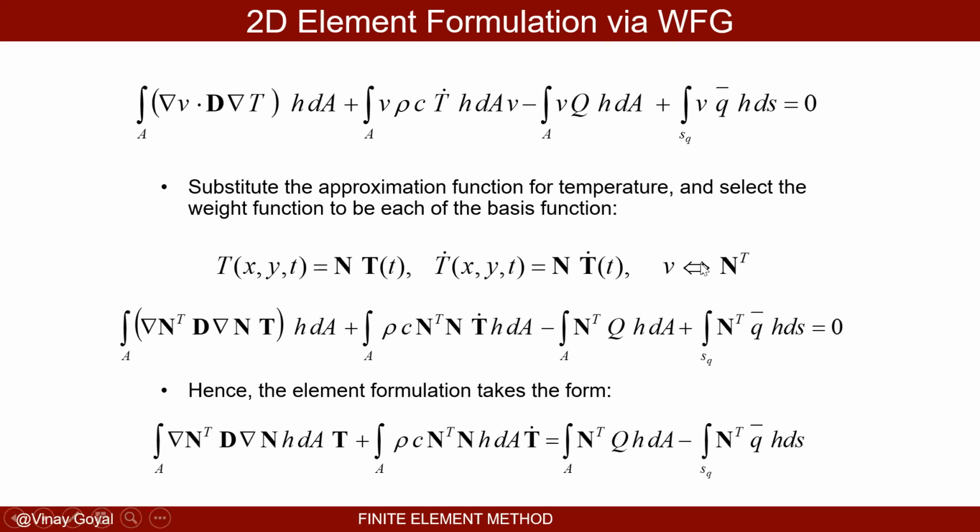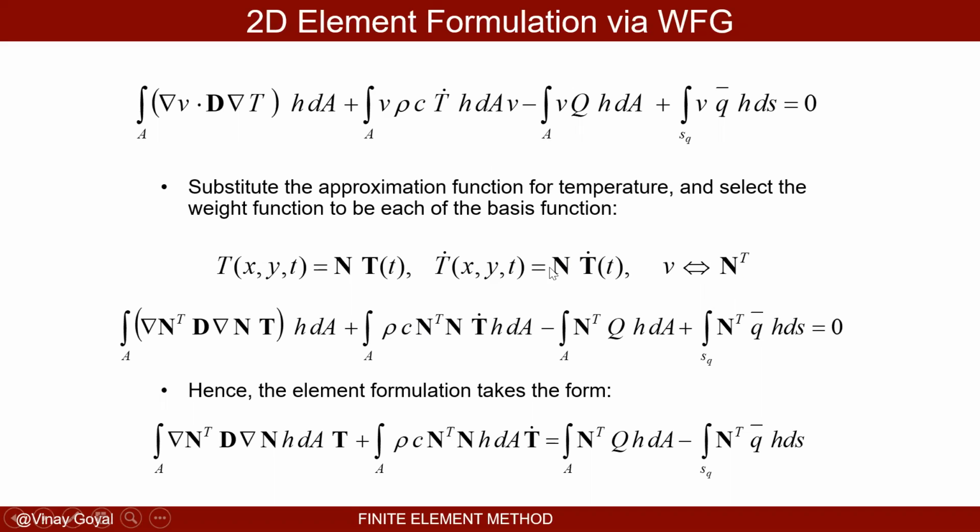You also see that I have to substitute v by N bold transpose. I've done that here. You can see that for v, I put N bold transpose. And then d bold is this one here. Gradient of T is essentially the gradient of N bold times T bold. That's exactly what you see here. And then I have the next term. So I have rho c, and then v is N bold transpose.